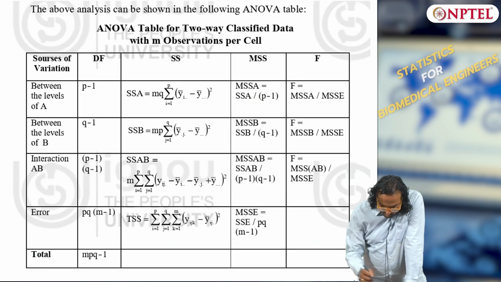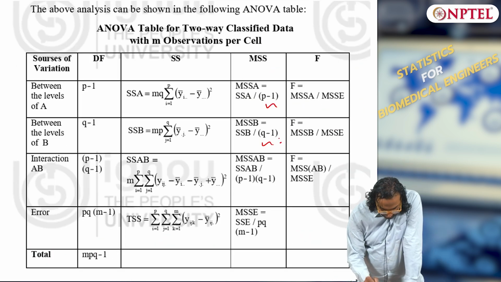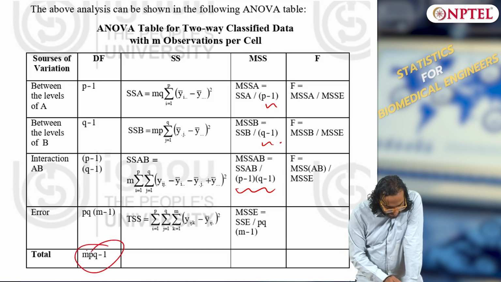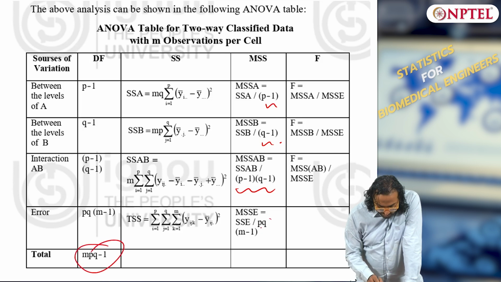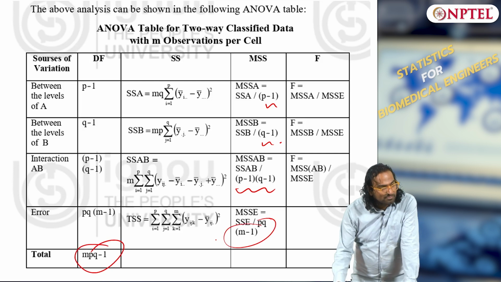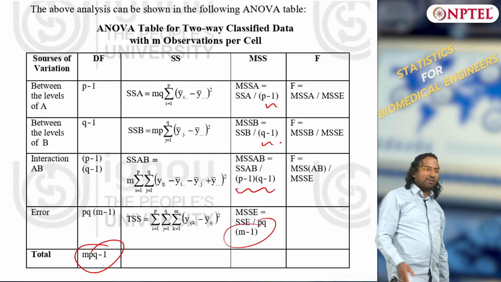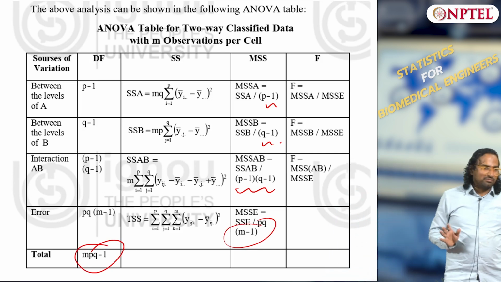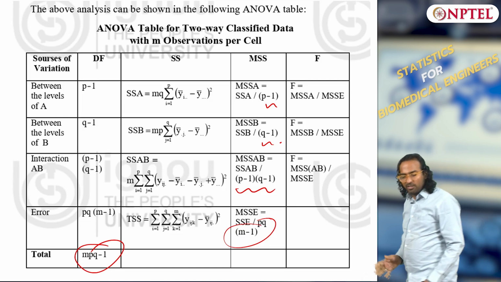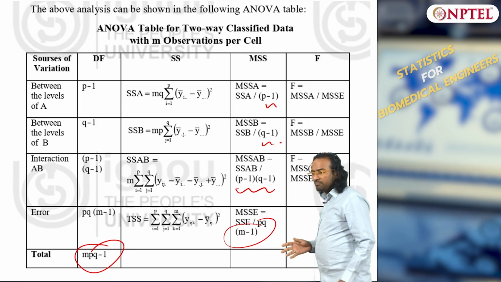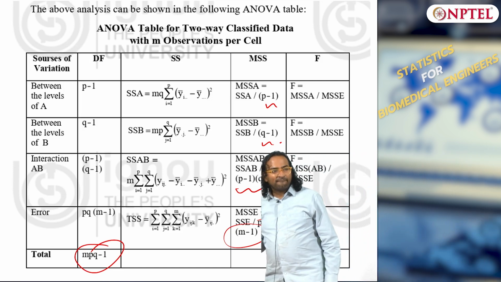So this is P minus 1, Q minus 1, and then I have total MPQ minus 1, and this is by subtraction, PQ into M minus 1, that is a complicated one, you just get it by subtraction. Sum square error degrees of freedom is always by subtraction. Make sense everybody?